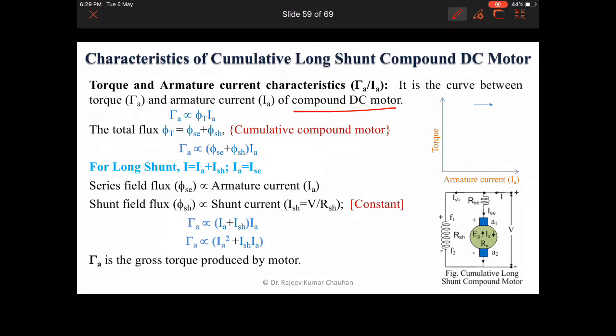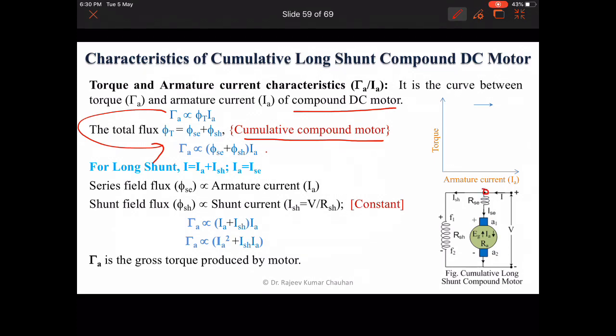Tau is proportional to phi t into Ia, where phi t is equal to phi Se plus phi Sh in case of cumulative compound motor. So, we can write this equation like this: tau a is proportional to phi Se plus phi Sh multiplied by Ia. From the circuit, we can see that I is divided at this node.